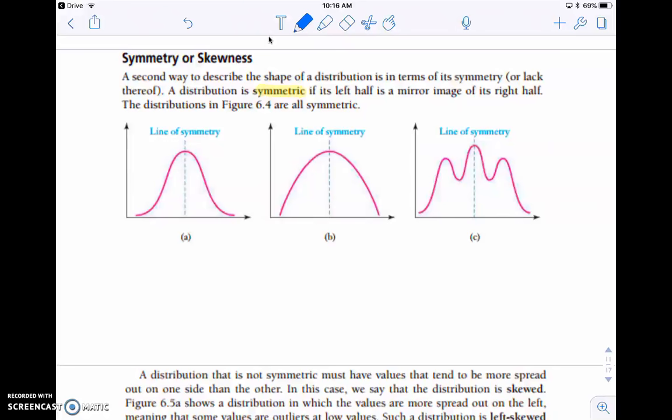So if you are able to find this line of symmetry where you can kind of imagine just cutting down the middle and you see exactly the same thing on the left and right, if you were just to fold over that dotted line, is one way I like to think of it. If you can do that, then the graph is what we call symmetric. So all of these graphs here, A, B, and C, are symmetric because you can see if you cut down those lines and kind of just imagine or just fold across those lines, they should match up perfectly.